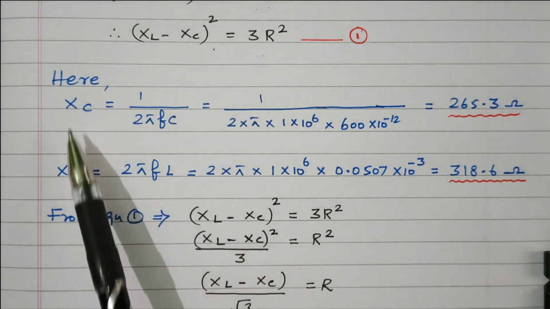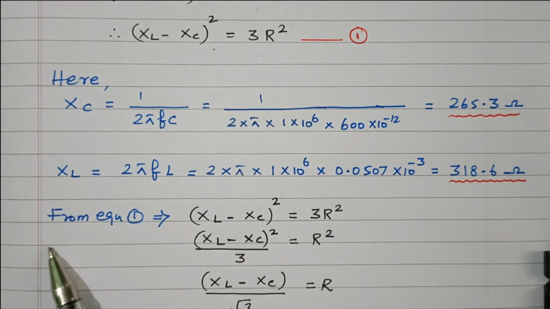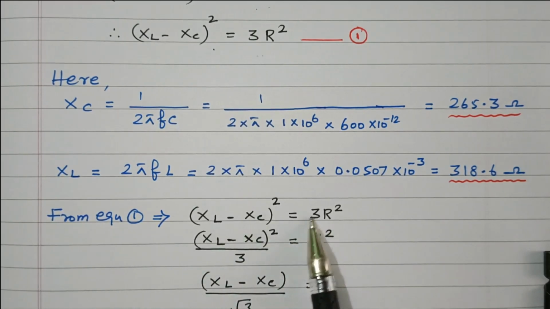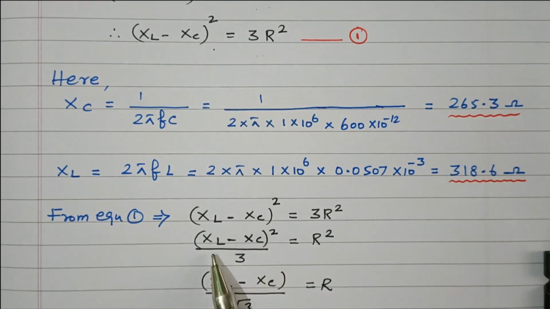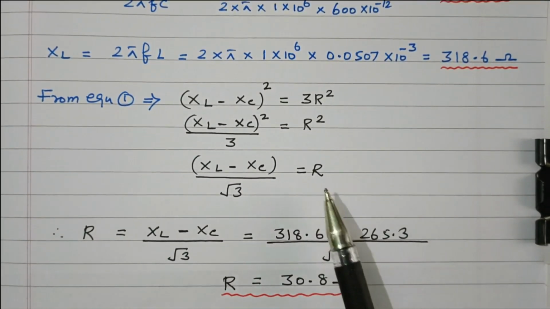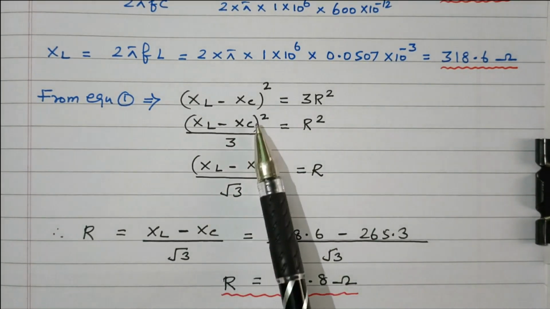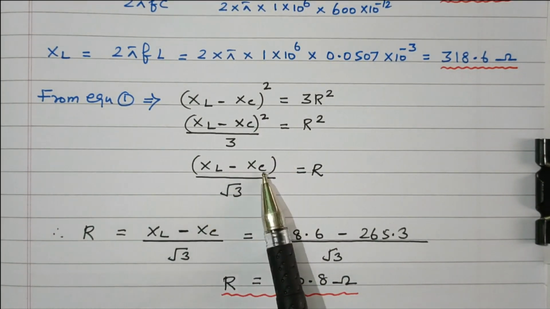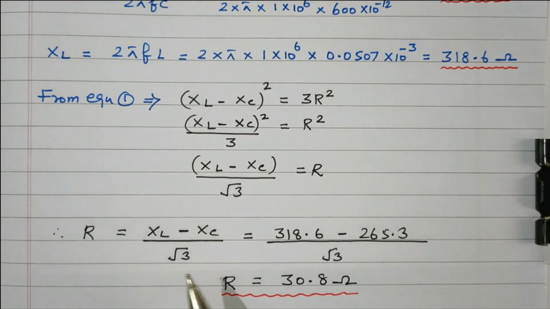So now we have calculated XL and XC. From equation 1, (XL minus XC) the whole square equal to 3R square. Bring the 3 to the denominator on this side, so (XL minus XC) the whole square divided by 3 equal to R square. Now take the square root on both sides.